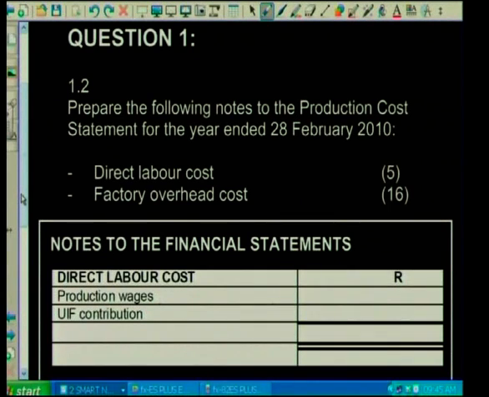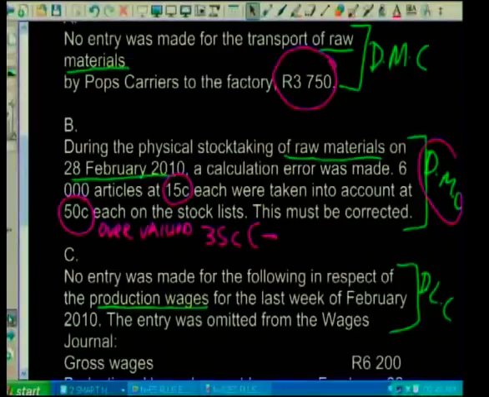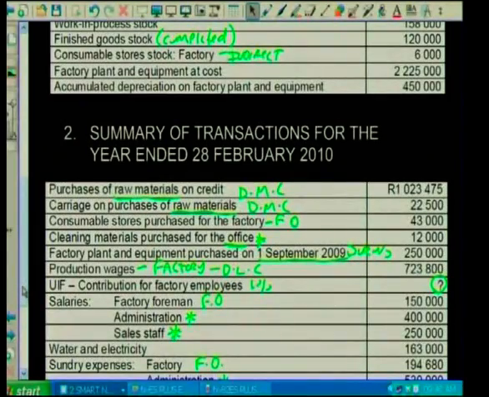Right, so in this case, from the information that we read, our direct labor cost can be calculated by adding our production cost plus our UIF contribution. That was the only additional cost apart from our wages. So let's start with our production cost. Let's go to our info, your production cost, summary of transactions.